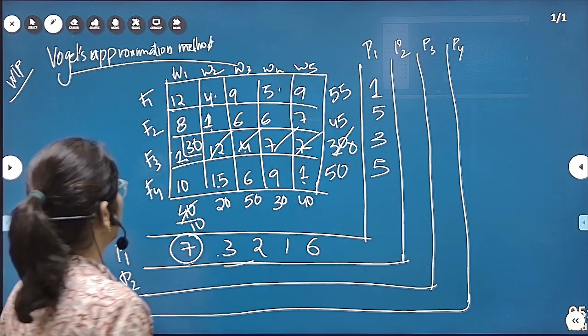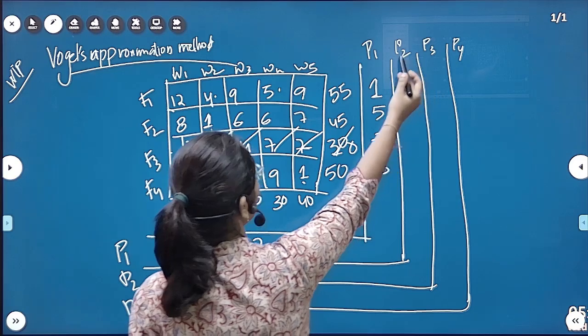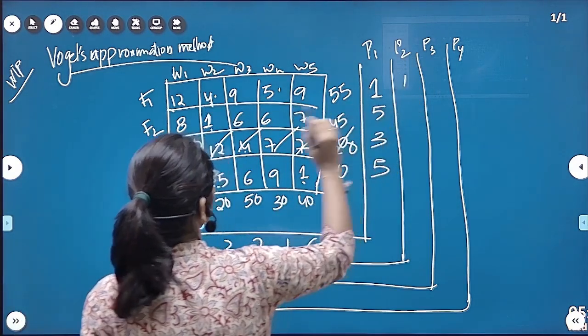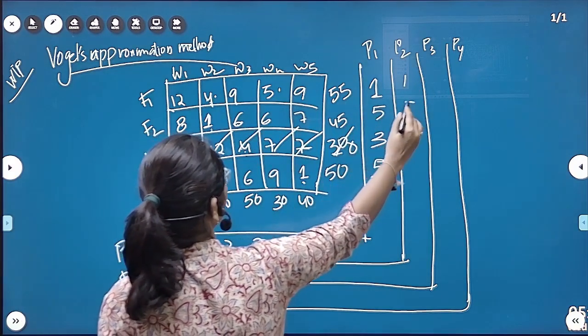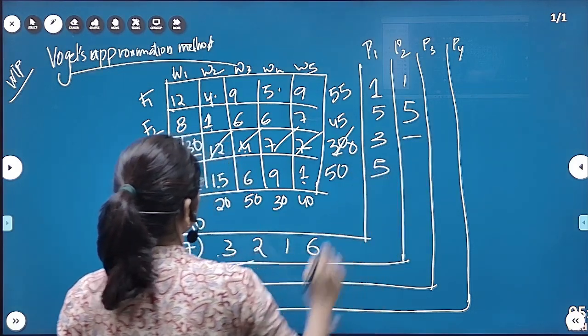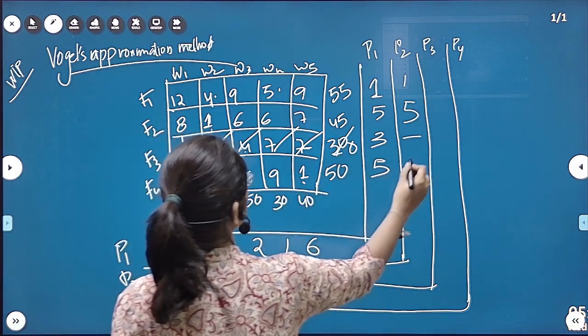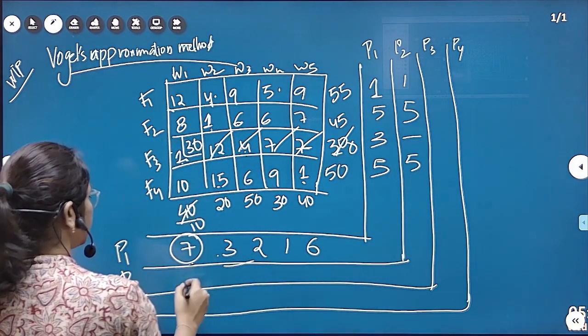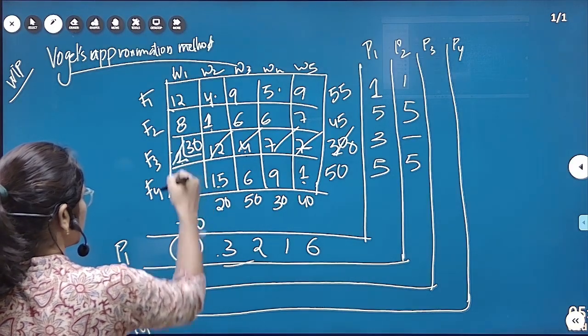So next we have to do P2 like that only, same. 4 minus 5, 1, 6 minus 1, 5. Next here it has already been crossed, so keep that as a dash, and 6 minus 1, 5. Next, this is done.